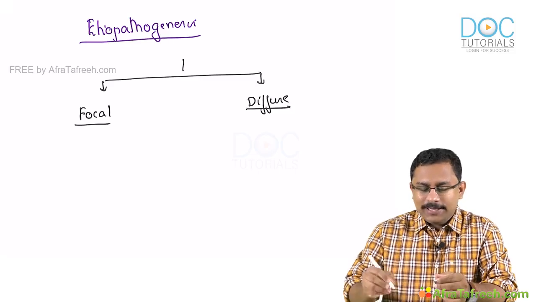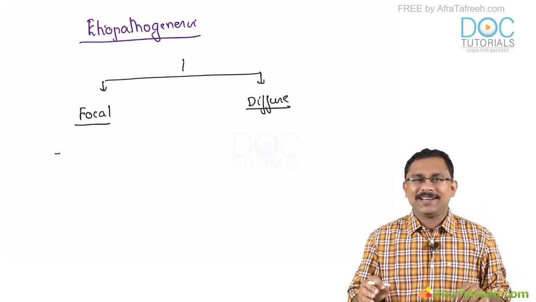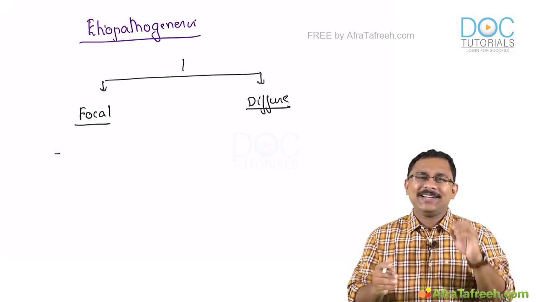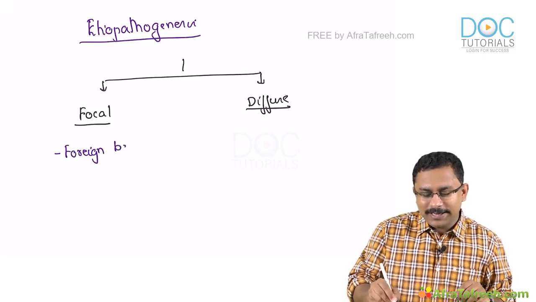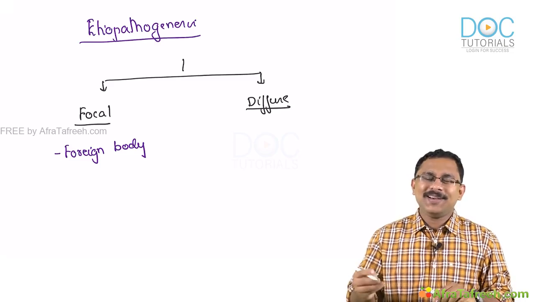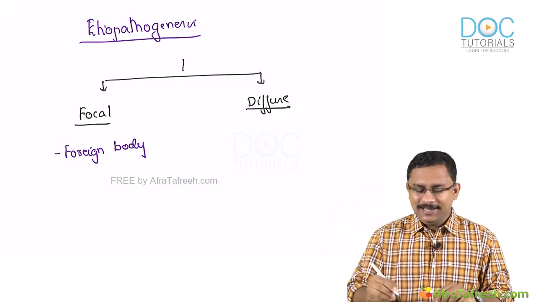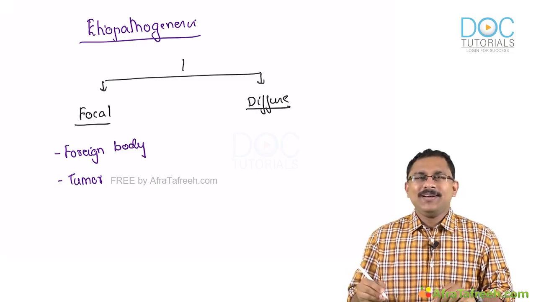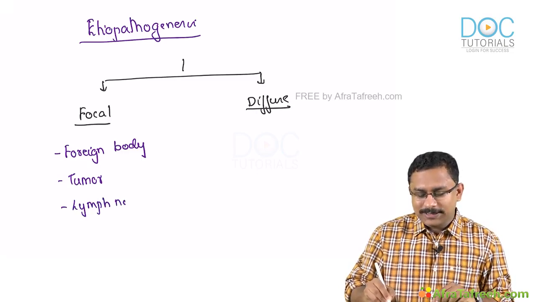Now this focal bronchiectasis, what is the condition that leads to it? Focal bronchiectasis could be due to various conditions. There is some focal obstruction and subsequent dilatation. This could be due to something inside the bronchi like a foreign body, or it may be something compressing onto the bronchi from outside, which may be a lung tumor, or a lymph node pressing onto the bronchus.